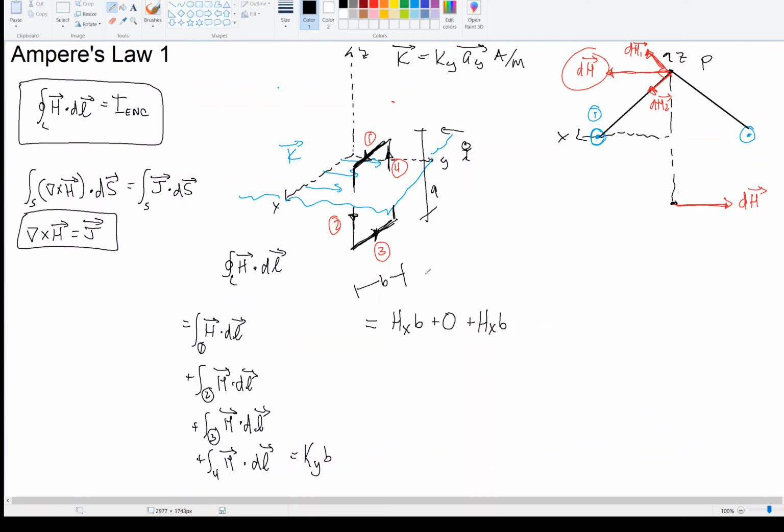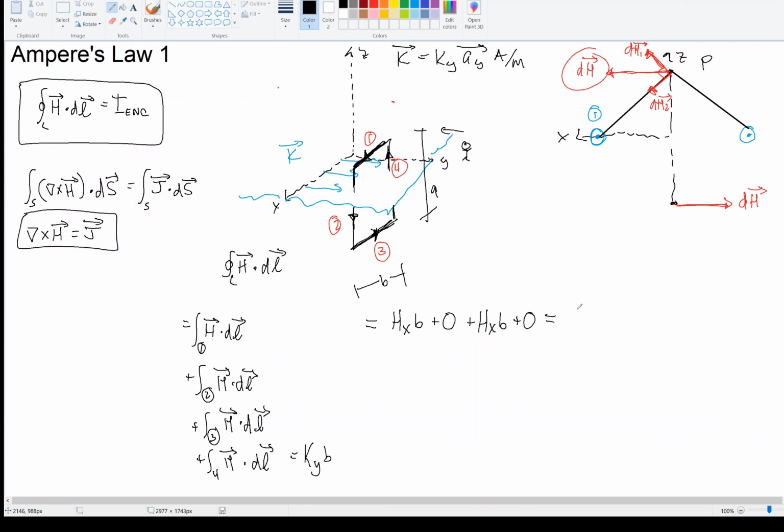Really, since L is going in the negative x direction, that should be negative B, but Hx is also going in the negative direction, so that makes a positive. And then when we go up segment 4, again dl is perpendicular to H, and so the dot product is 0 inside that integral.